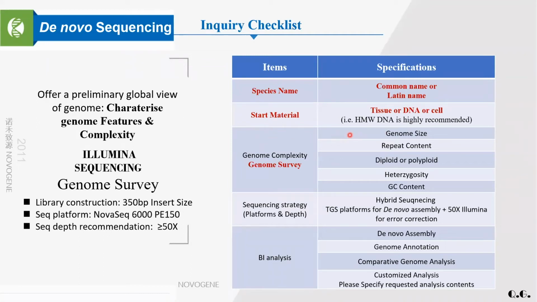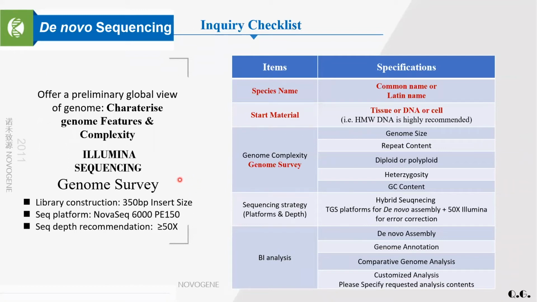And this may include the genome size, repeat content, diploid or polyploid, heterozygosity, and the GC content. And this information is pivotal for the determination of sequencing strategies.